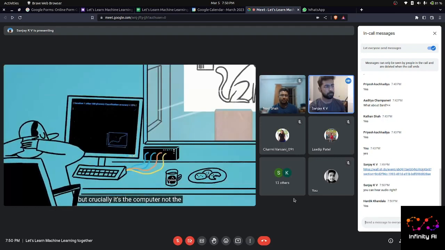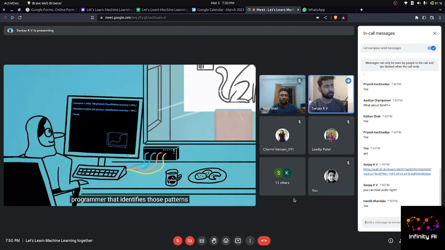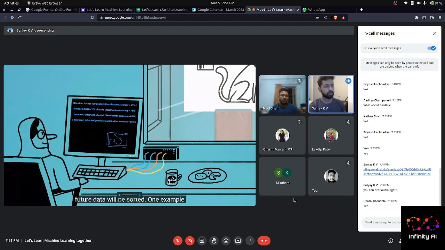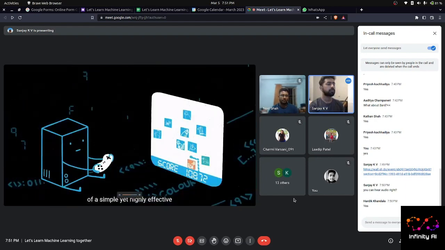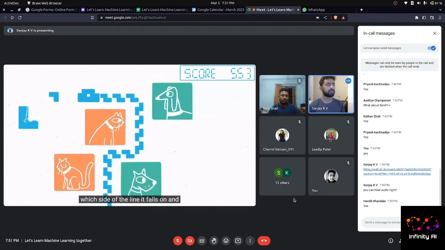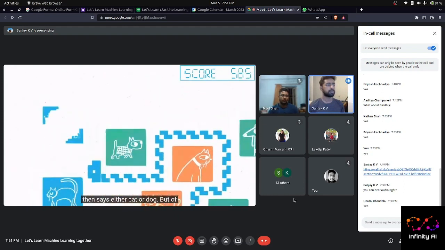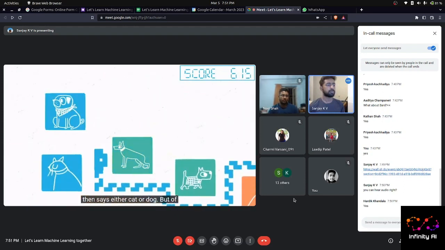But, crucially, it's the computer, not the programmer, that identifies those patterns and establishes the algorithm by which future data will be sorted. One example of a simple yet highly effective algorithm is to find the optimal line separating cats from dogs. When the computer sees a new picture, it checks which side of the line it falls on and then says either cat or dog.